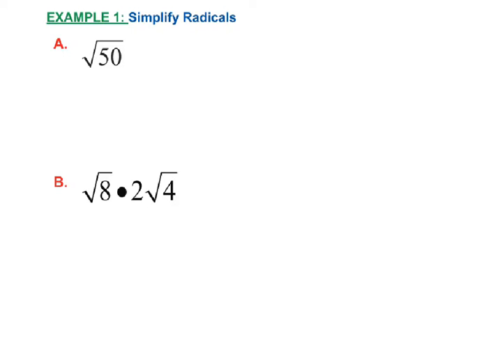So simplifying radicals. There's lots of different ways to do this. We could do a factor tree, but as we start to get up into higher numbers, factor trees become quite difficult. So we're going to look for factors that are perfect squares.